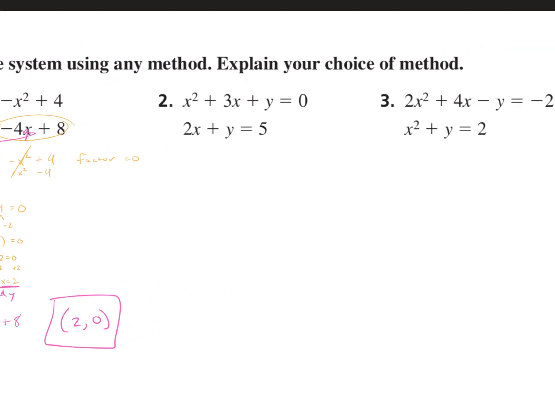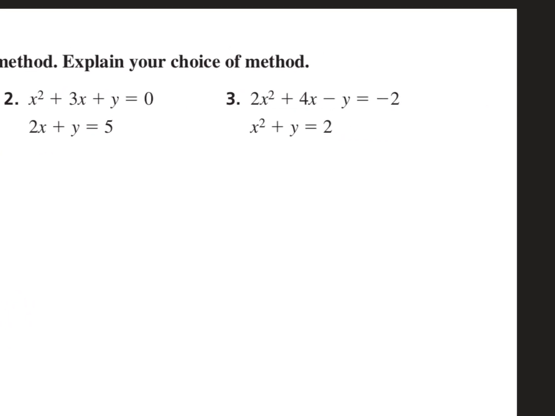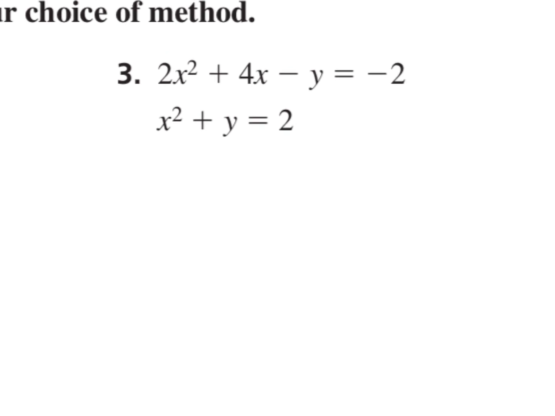All right, let's take a look at another one. Let's do number 3. So here, I'm going to use elimination just to see something different. And notice that I have a positive y and a negative y.